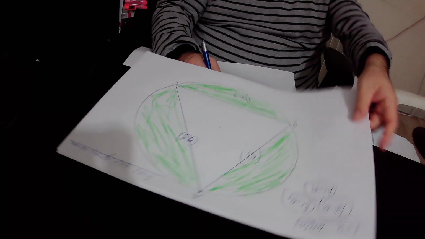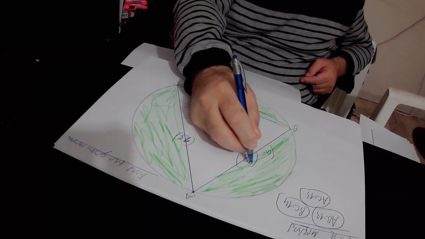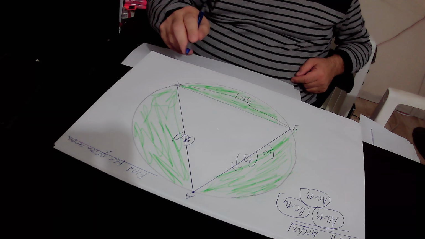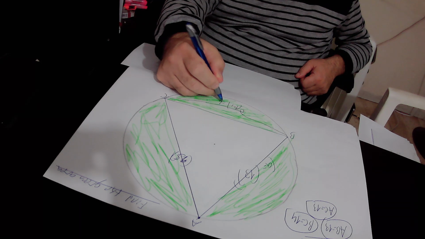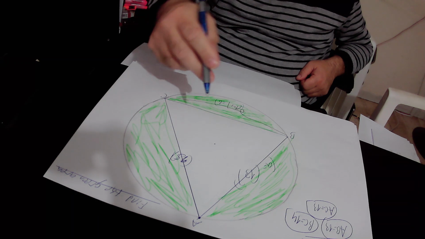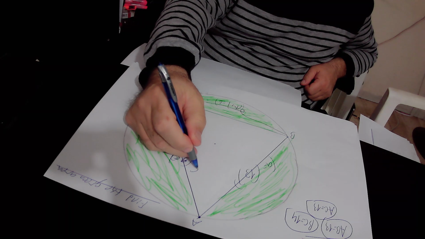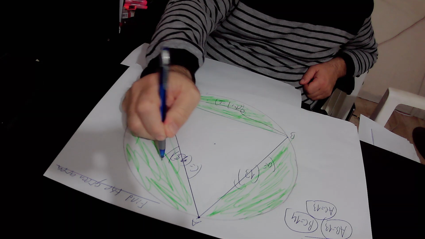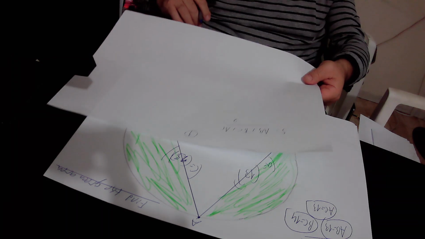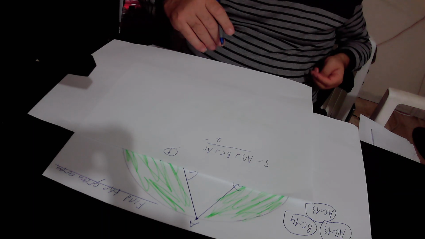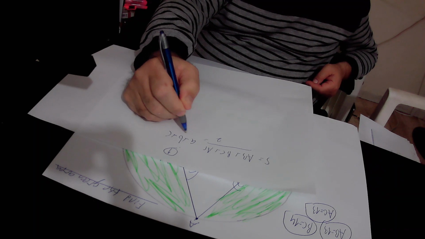So we define side AB as A, and A equals 13. We define side BC of this triangle ABC as B, and B equals 14. And we define side AC of this triangle ABC as C, and C equals 15. So S equals AB, that is A, plus BC, that is B, plus AC, that is C, over 2.